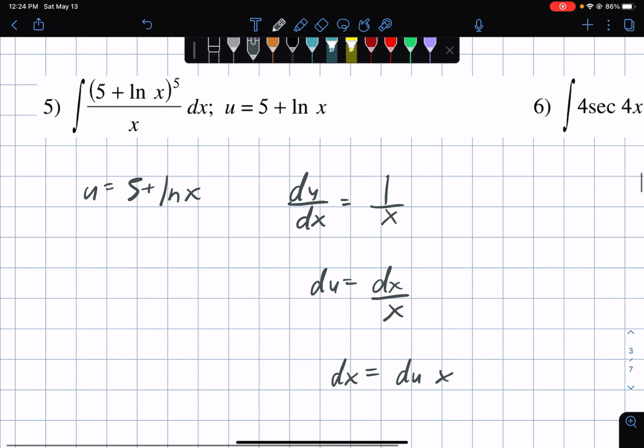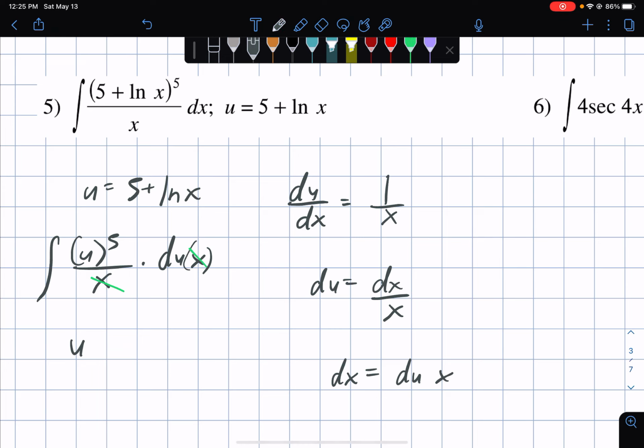That's so weird. Okay. And then u raised to 5 over x times dx. What is dx? That is du times x. Okay, so I think we can cancel those terms. u raised to 5 times du.